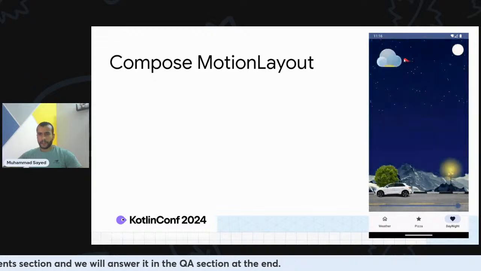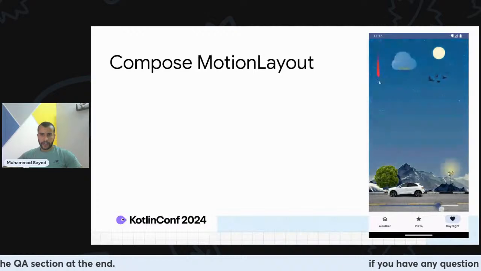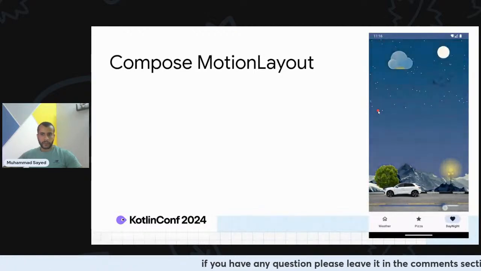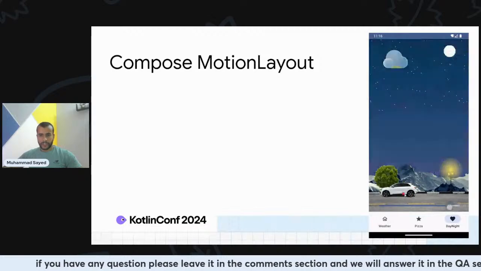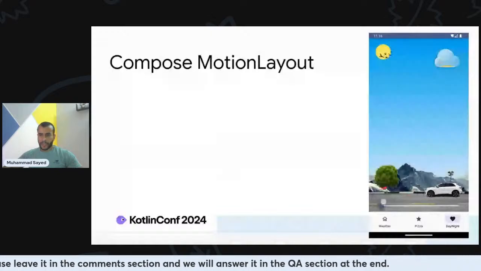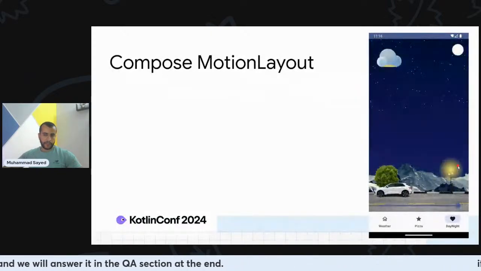Let's say that we have an image here, and also maybe a color as a background. As you can see, it's going from light blue to dark blue. We have an image as well, and we are translating its position. We have this light, and we are animating the visibility for it.